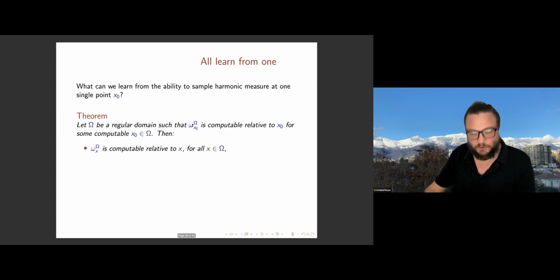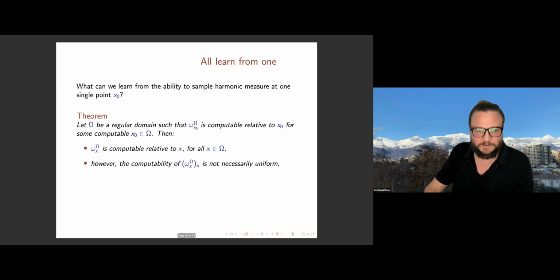Okay, and so the first result is that if this happens, then harmonic measure is actually computable relative to X for all other points in the domain. Note that here there are no computability assumptions whatsoever about omega. But it might happen actually that the computability is not uniform.